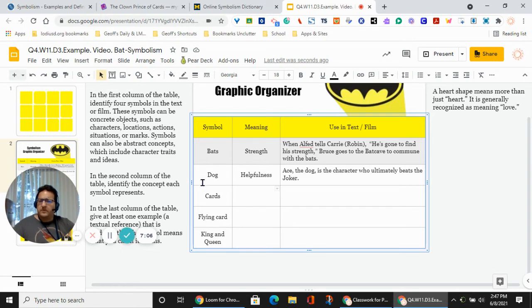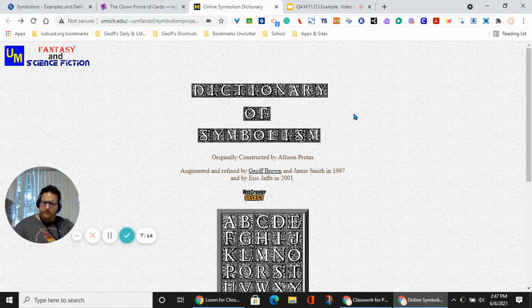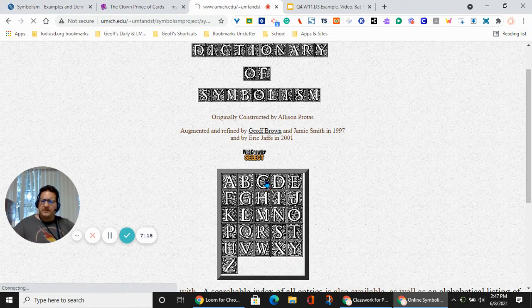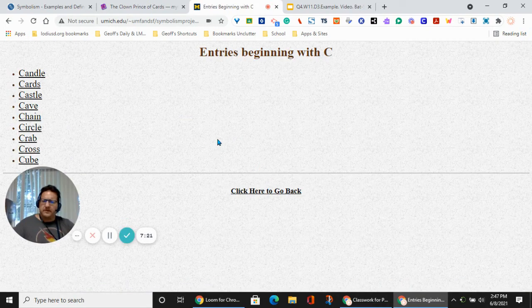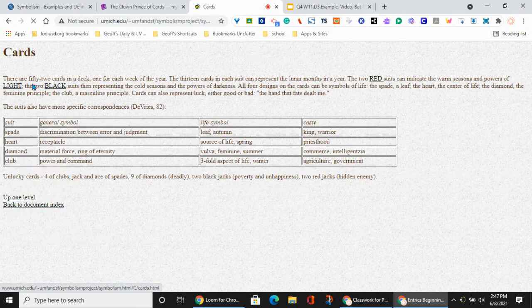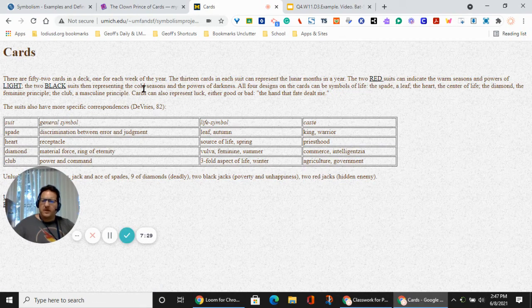Cards. Okay, so another way to do this is, maybe I'm not sure, right? What is the significance here of a card? Well, I gave you this link here to the Dictionary of Symbolism, and it's not complete, but you'd be surprised at just how many symbols are going to pop up when you just look for them in here. So there it is, cards, and there's a lot of reading I can do here about cards.